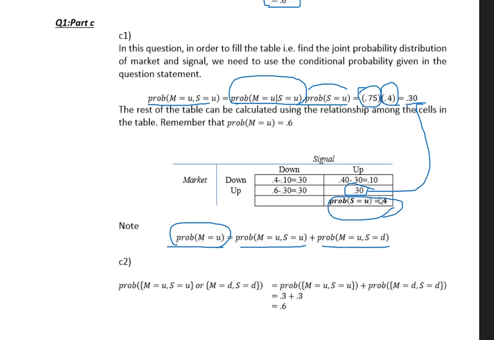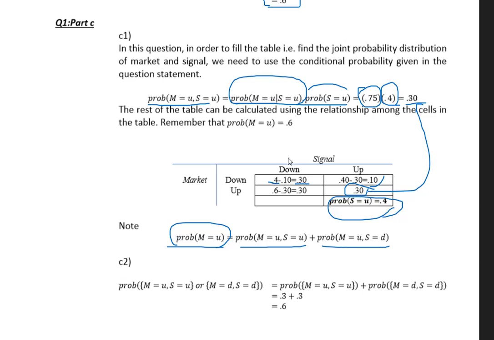So we simply subtract 30% from this 40% and we obtain 10%. Again, the sum of these two parts should be equal to the probability that the market is down. The probability that the market is down is 40%, which if we subtract 10% from, yields 30%.